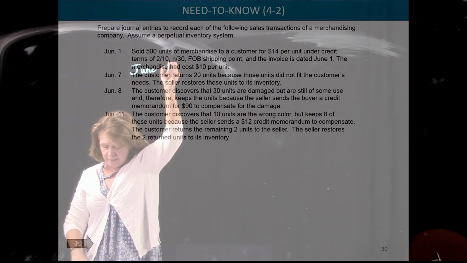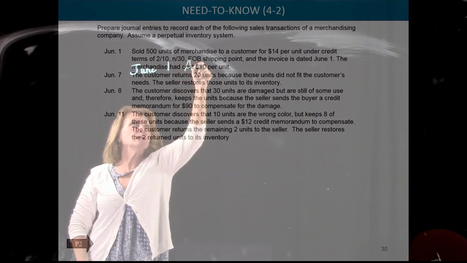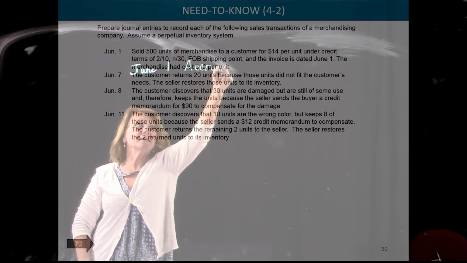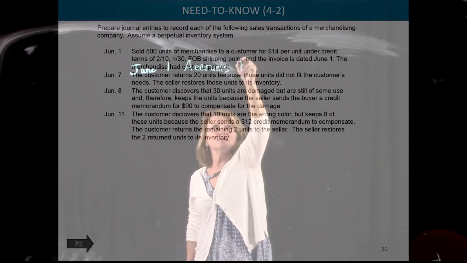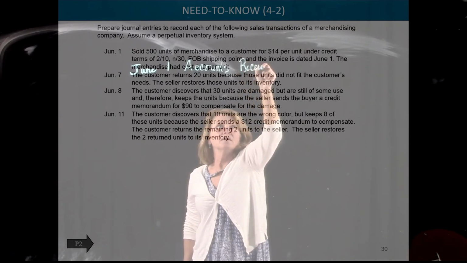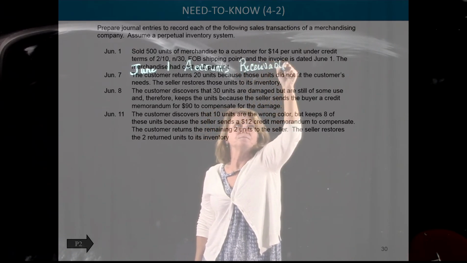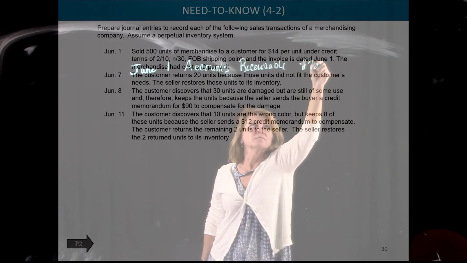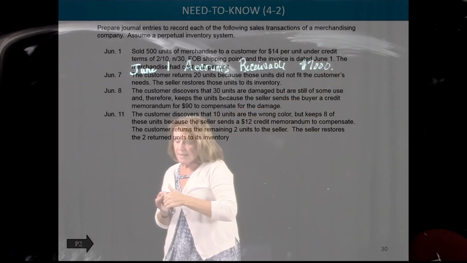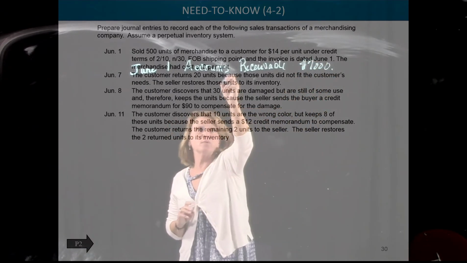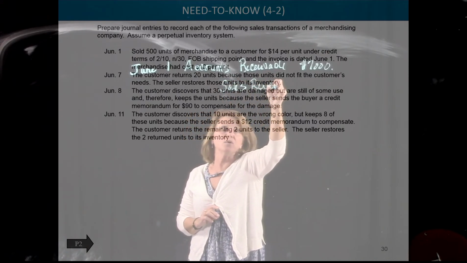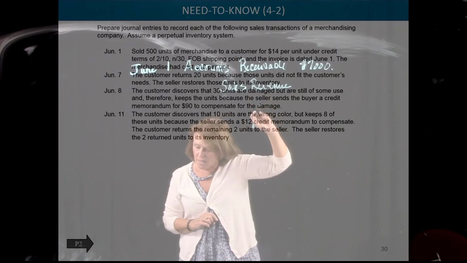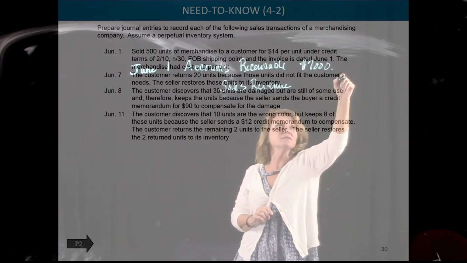June 1, accounts receivable. It's an asset account, remember? Accounts receivable, $7,000. And sales revenue, companies will call it a couple of different things, of $7,000.